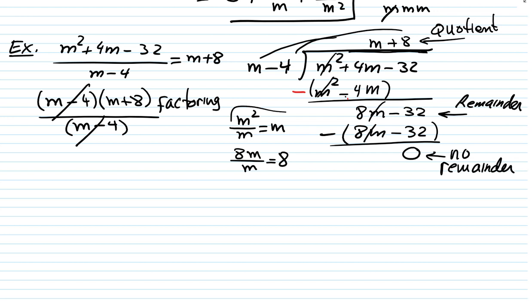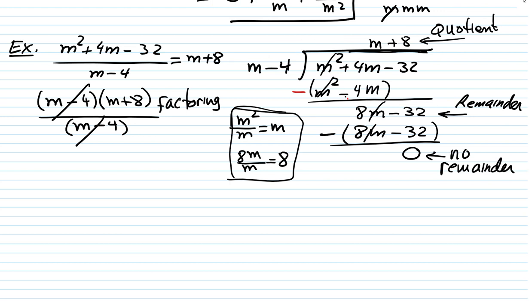Now, we do this process of dividing first term by first term for as long as the polynomial that's in the remainder has the same degree or more as the degree of the divisor, we continue.